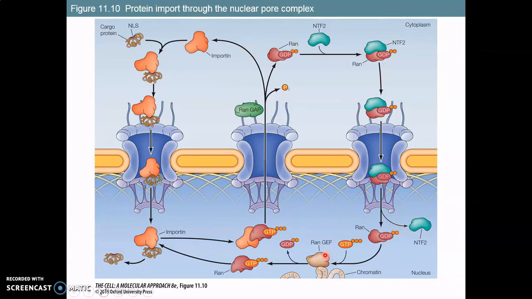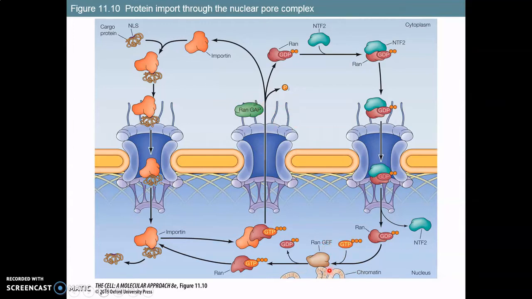So whether it is bound to GTP or GDP is all regulated by two different proteins. Here we have the GTPase activating protein, and here we have the exchange factor.